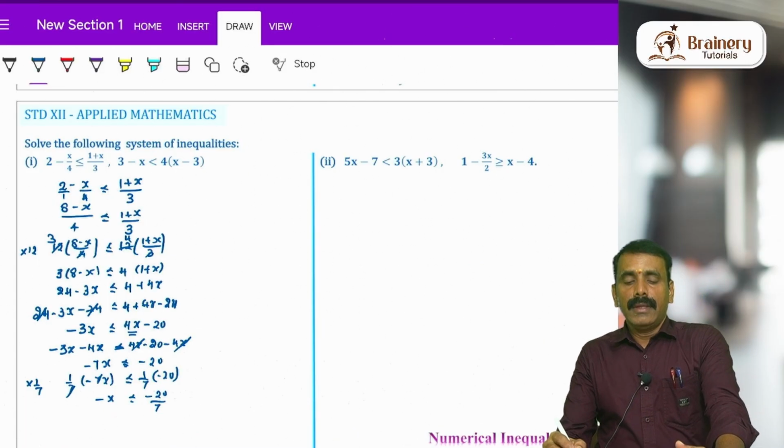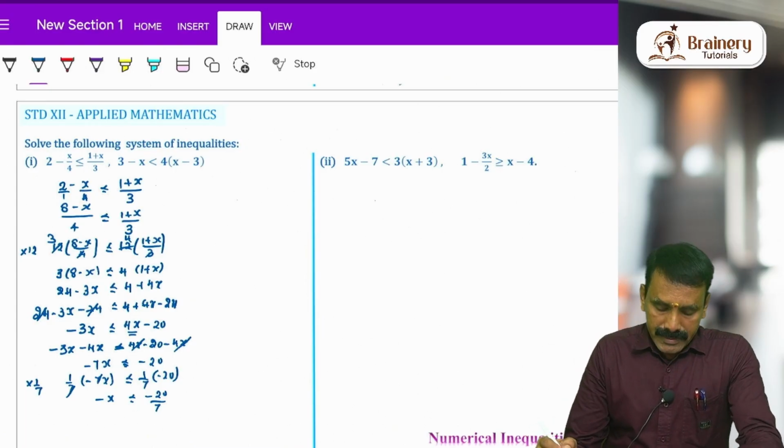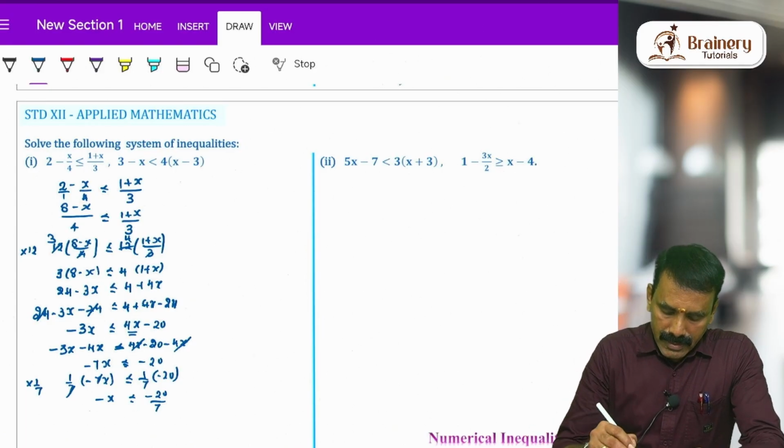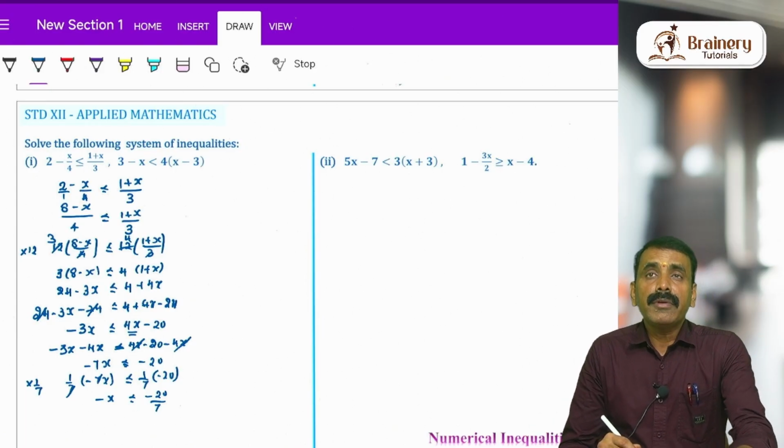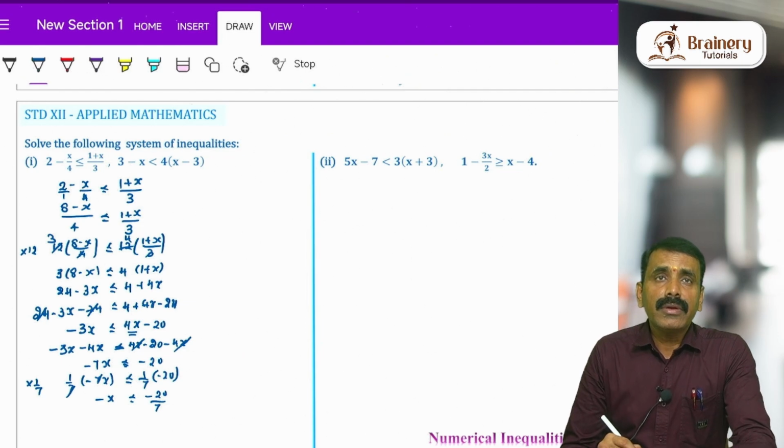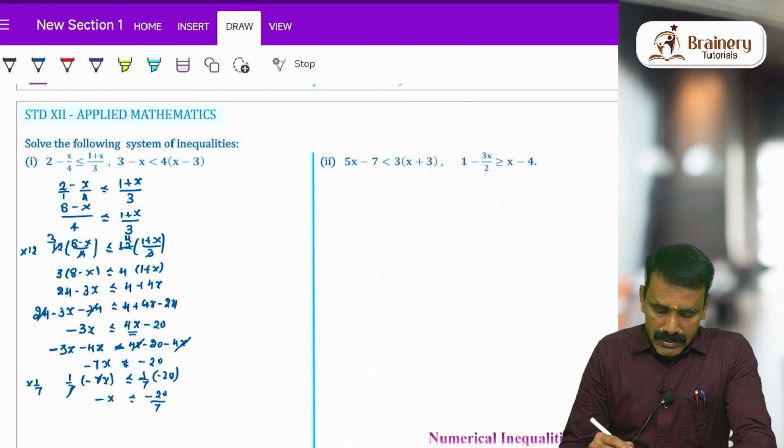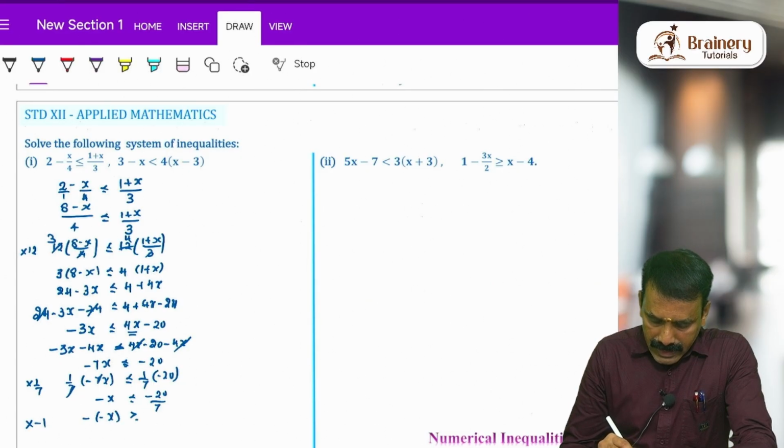Before dividing, we simplify this minus x. We want to remove that negative symbol, so we multiply by minus 1. The inequality reverses: minus of minus x will be greater than or equal to minus of minus 20 by 7. So x will be greater than or equal to 20 by 7.